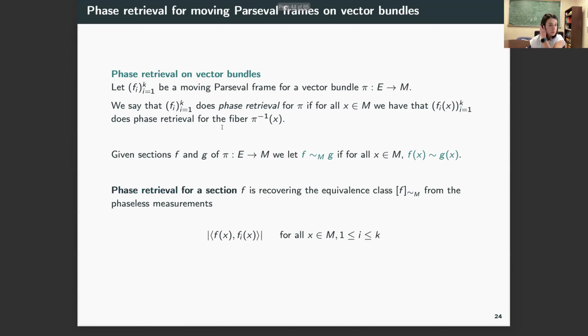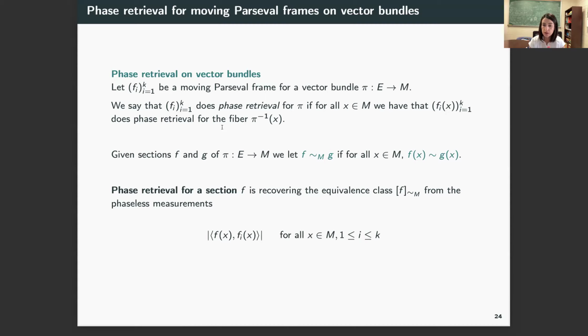In other words, if you are thinking of sections F and G on your vector bundle, we say that F is equivalent to G if for any point x on the manifold, F of x is equivalent to G of x. And we say that phase retrieval for a section F is about recovering this equivalence class.